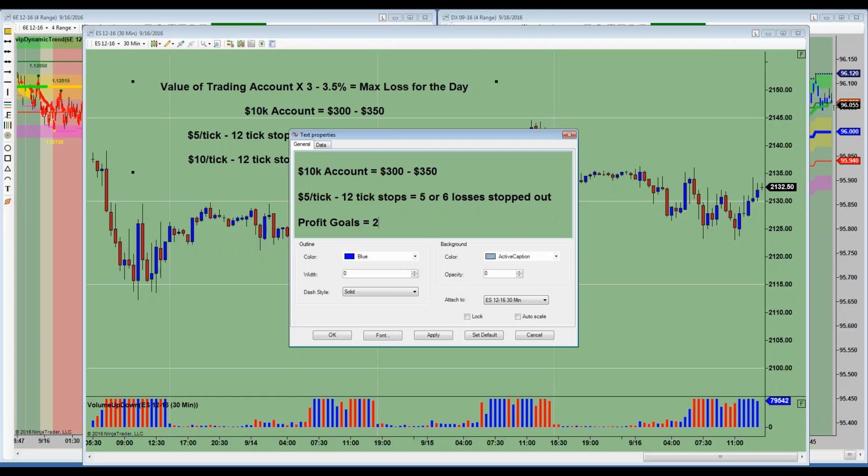Yeah, it should be 2x of your risk cap, 2x of the loss number. So in this case, you're looking at the hypothetical $10,000 level, you're looking at $600 to $700 for your goal. 2x.